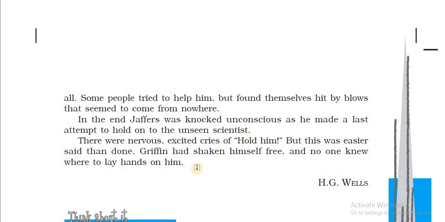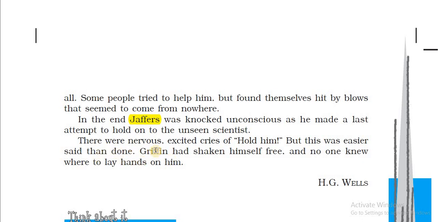In the end, Jeffers was knocked unconscious as he made a last attempt to hold on to the unseen scientist. That means he lost consciousness with the last blow that Griffin gave him.